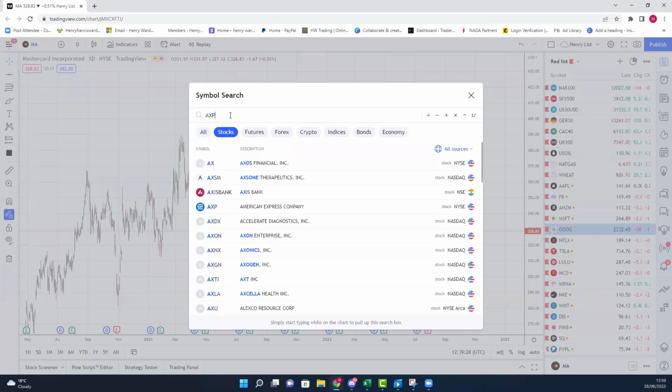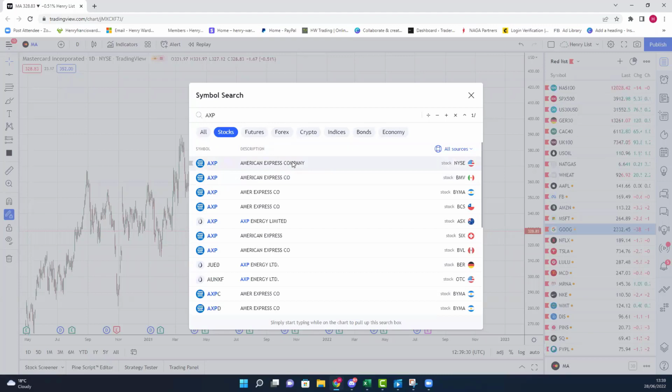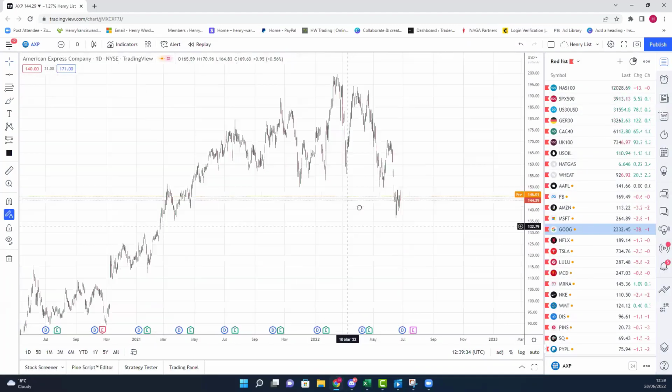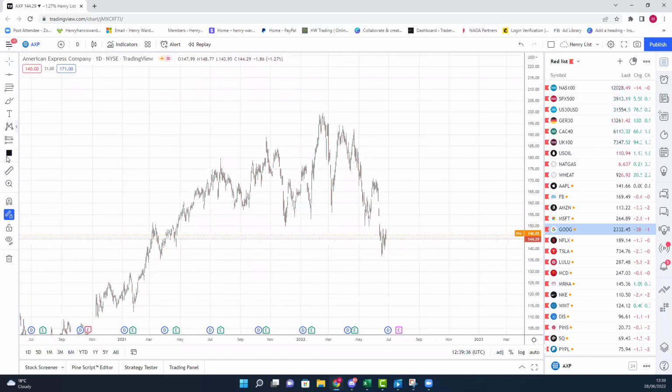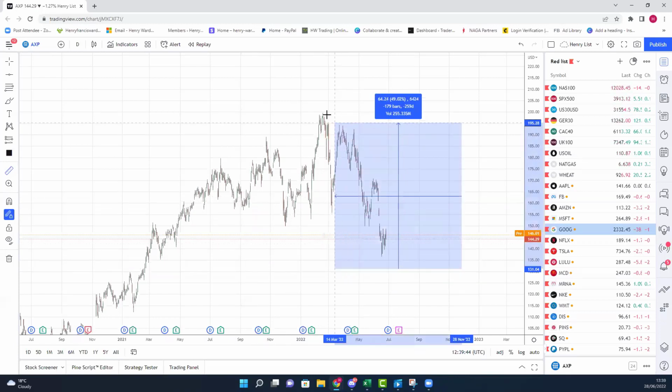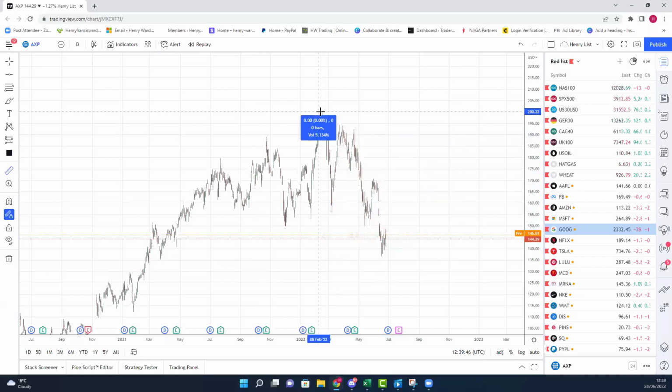The AXP. And Amex has dropped actually a little bit more than the other two, which I actually didn't expect.